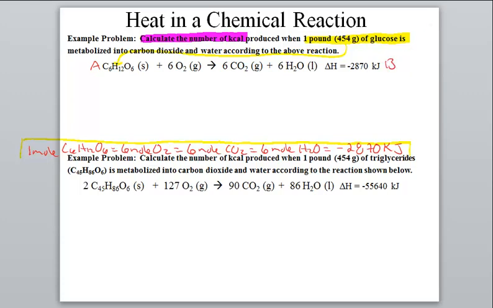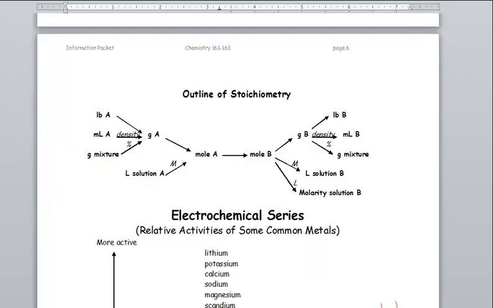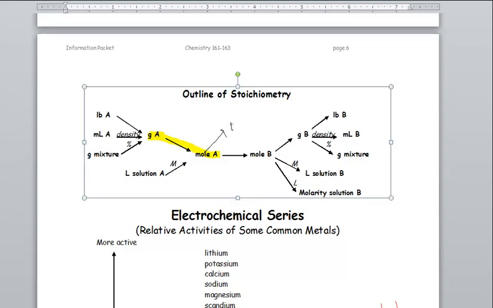If we looked at our information packet and our outline of stoichiometry, we're actually starting with our grams of A going to moles of A. We don't have to go to moles of B. We already have our A and we have a mole to energy relationship. We can go directly from our moles of A to energy.